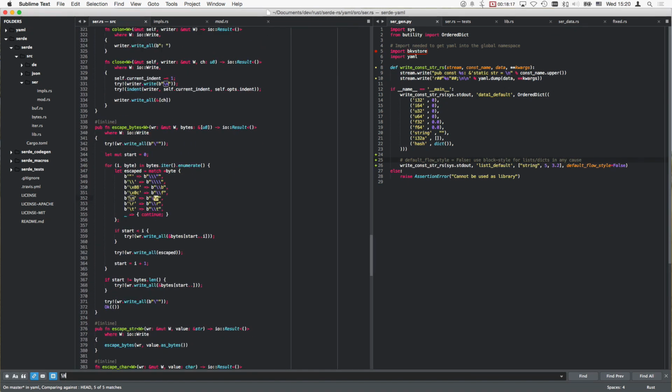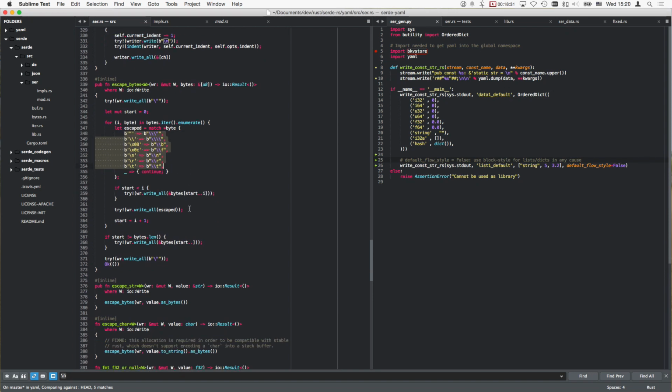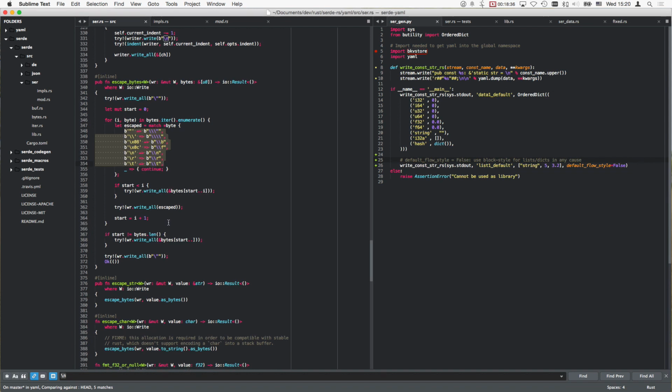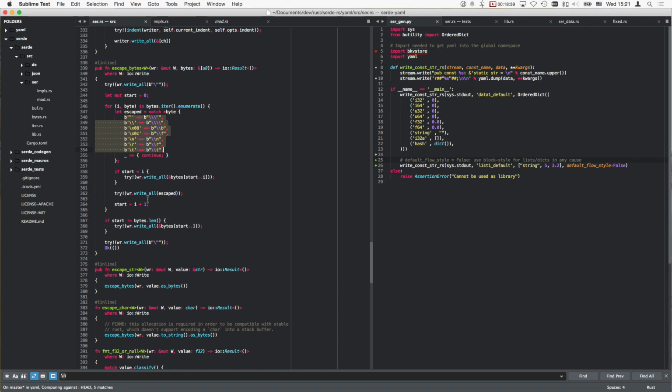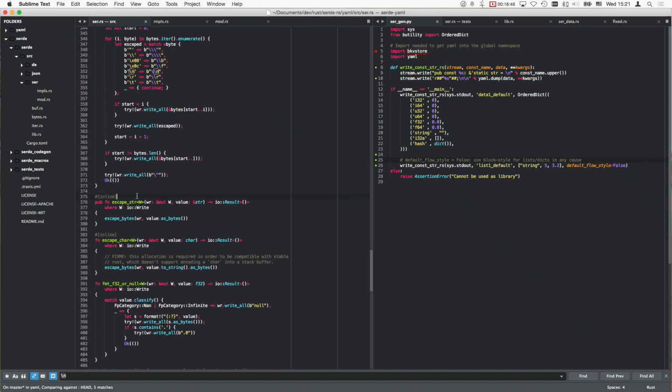So let's start with something simple. Yeah, and this escaping we have to check anyway. At some point. Oh, so it writes all this stuff. This is really expensive. It will cause a lot of code to be put there if this is also inline, which might actually be.